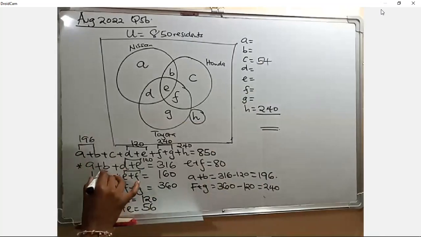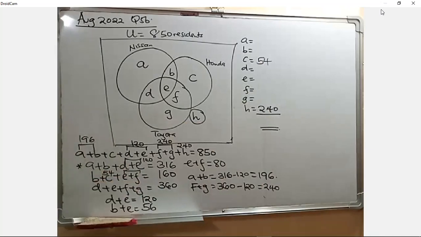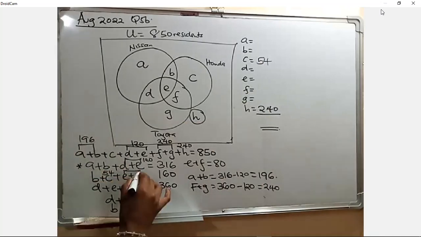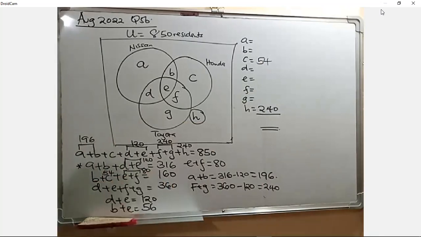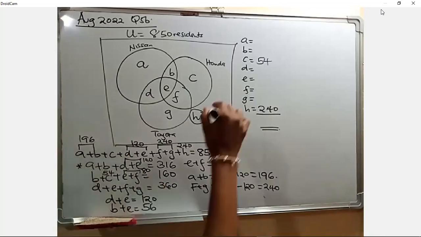If this is 54, and the value of A and F is 80, then what is our B? Our B should be 160 minus 54, minus 80. So in this case, we know our B is 26.